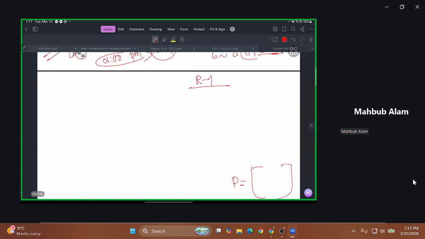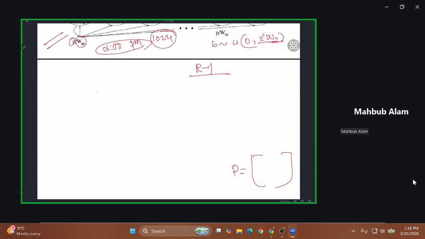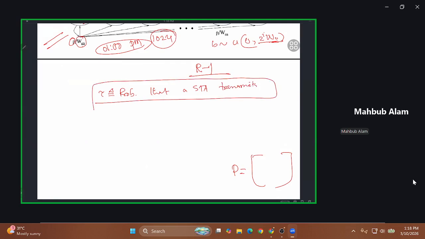We want to analyze the probability tau, the probability that a station transmits. What is the probability that a station transmits? And we want to do it for long time or a steady state probability.